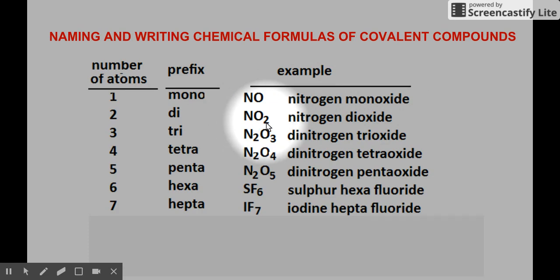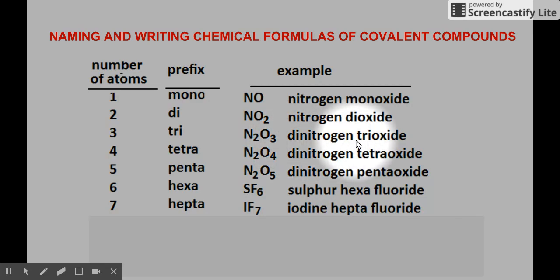Second example, we have NO2. So you have one nitrogen and two oxygen. Therefore, its name is nitrogen, not mononitrogen, because it's the first nonmetal. Since there are two, that becomes dioxide, IDE ending, and it's di because there are two oxygen. Third example, we have N2O3. This time, we say dinitrogen. We still retain the nitrogen, but since its subscript is 2, then we can already use the prefix di.